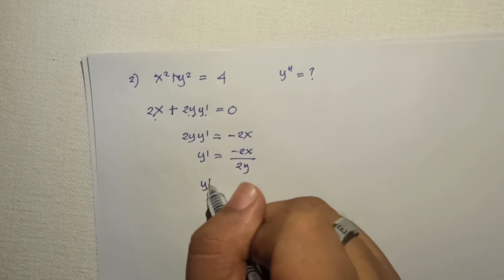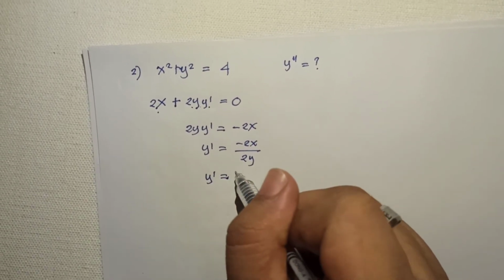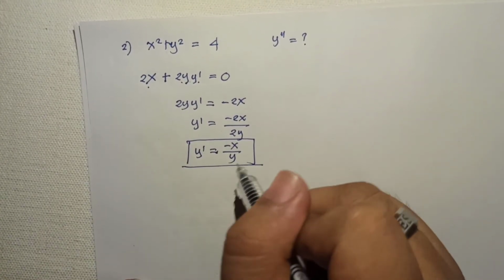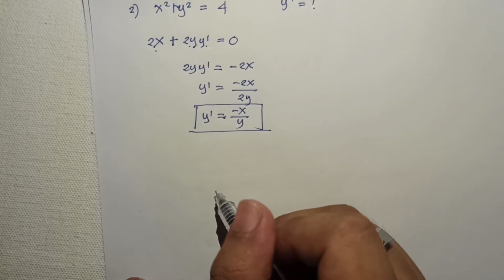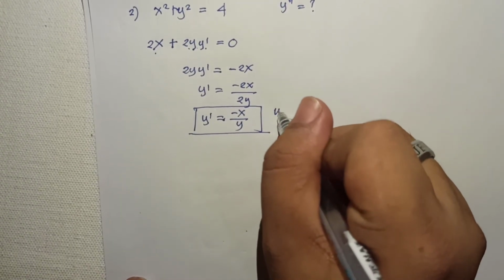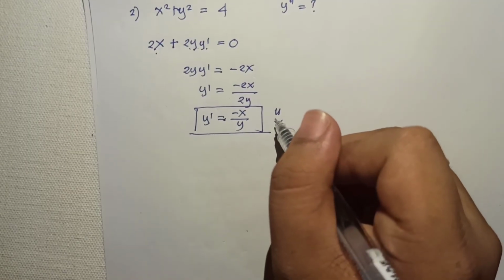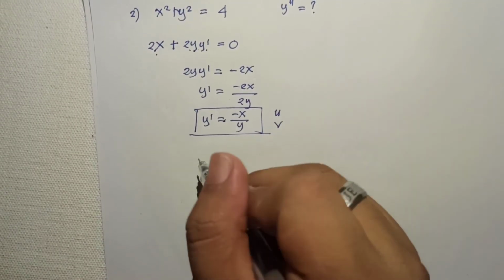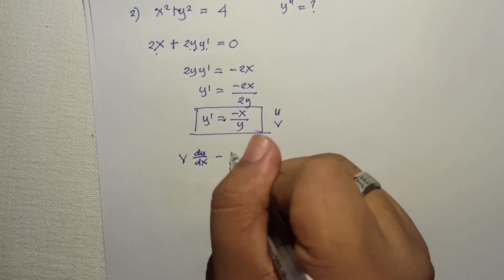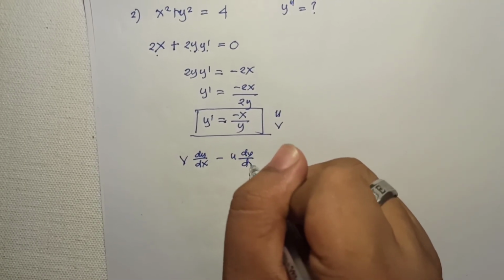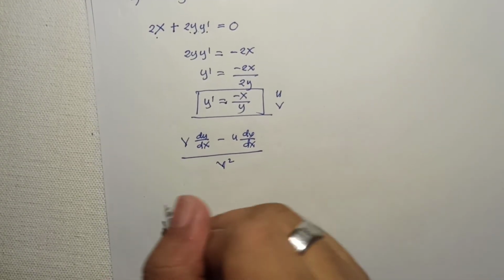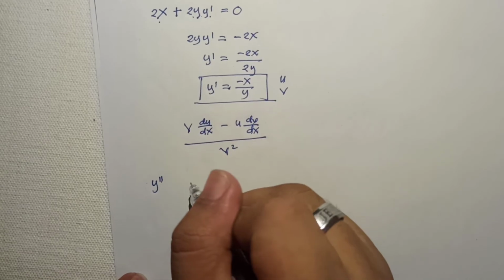The result is y prime is equal to negative x over y. So this is the first derivative. Since we need to take the second derivative, this is in the form of u over v. So we need to apply v du over dx minus u dv over dx, all over v squared, in order to find the second derivative.